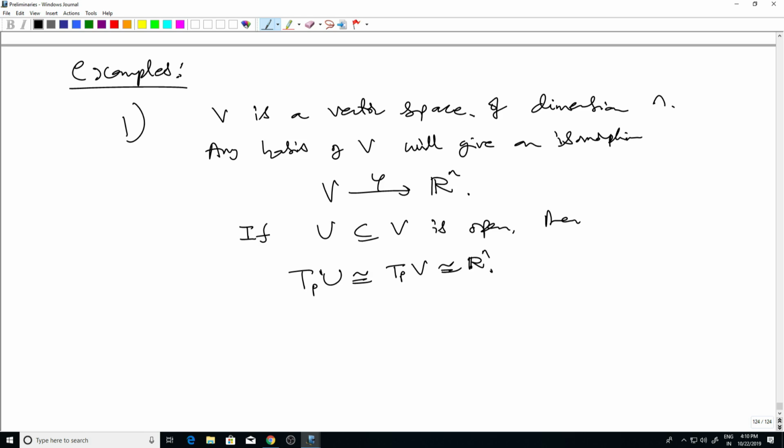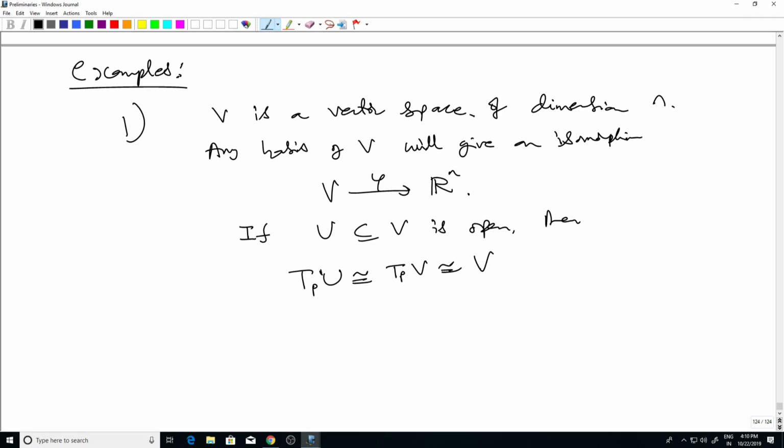In fact, it's better to set up an isomorphism with V rather than Rn.